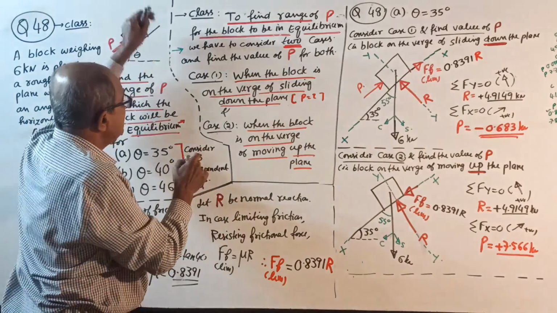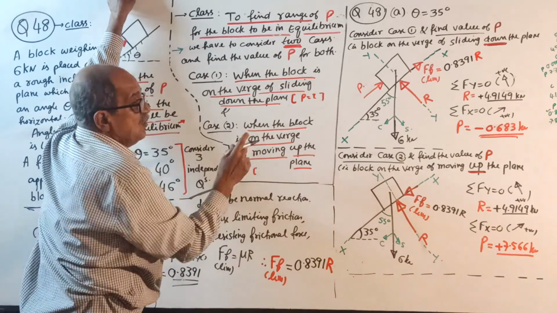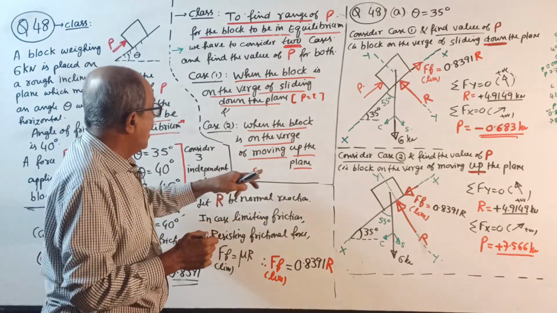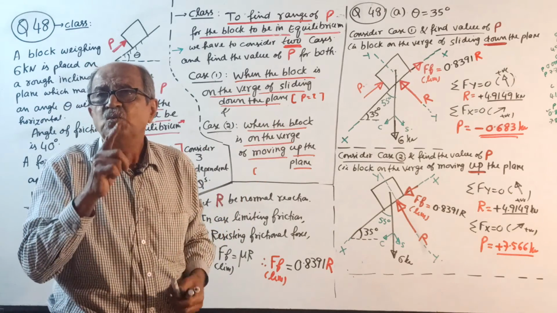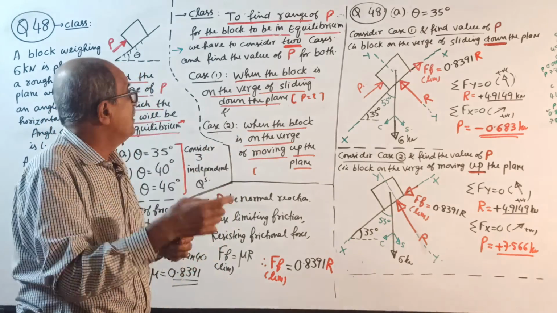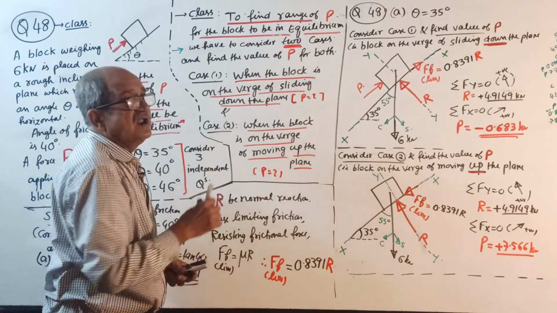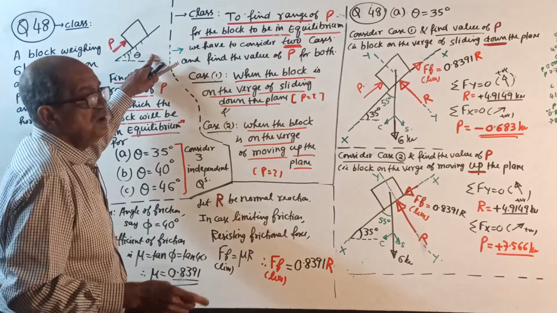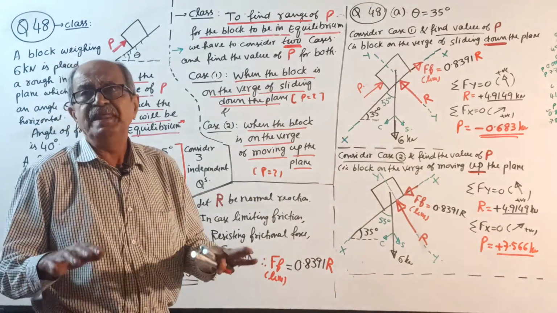And the second case is when the block is on the verge of moving up the plane, meaning what force is required to move the block up the plane, or at what force the body is on the verge of moving up the plane. Once again, find it. These two are the minimum and maximum values of P for equilibrium. So if the P value is anywhere in between these two, the body will be in equilibrium.